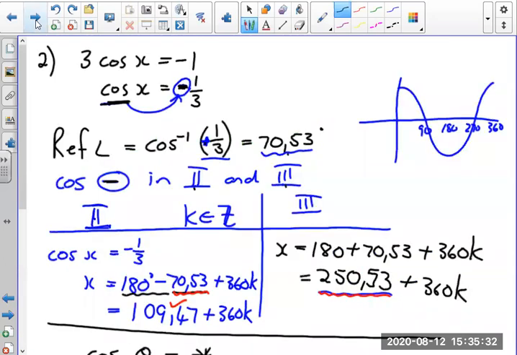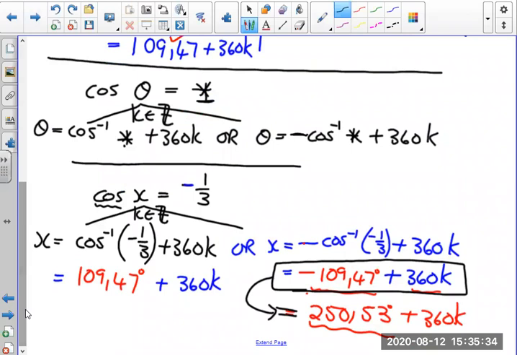The method for cos is shift cos answer plus 360k or minus shift cos answer plus 360k. That's the method for cos. And it's always going to be like that. Always, always, always. If you see a cos, that's your method. Forget the reference angle, forget all the quadrants. You just say shift cos minus shift cos plus 360k.